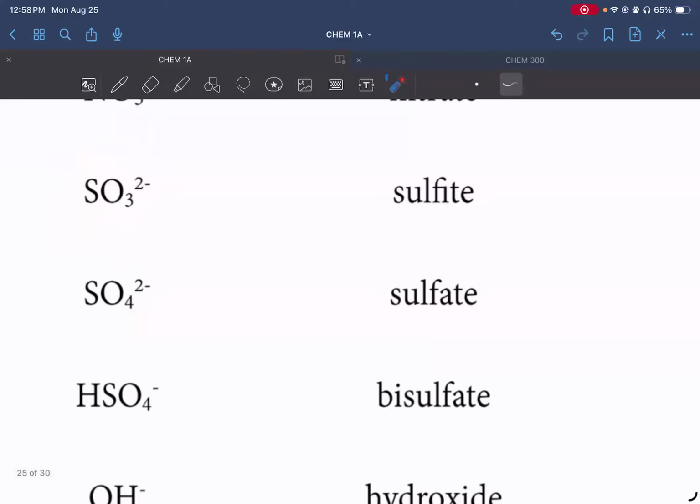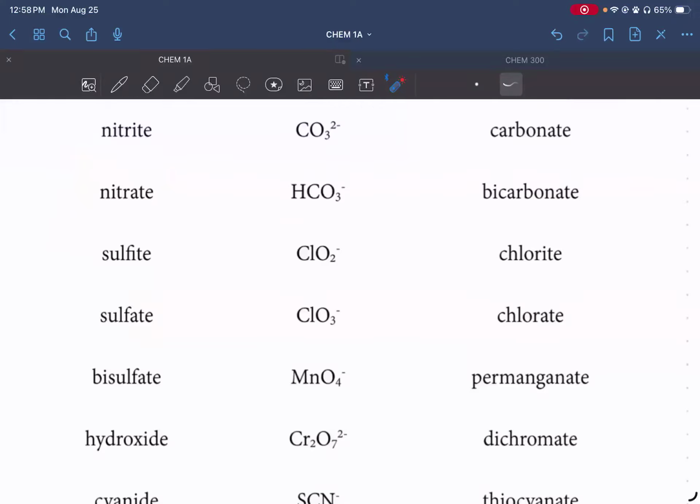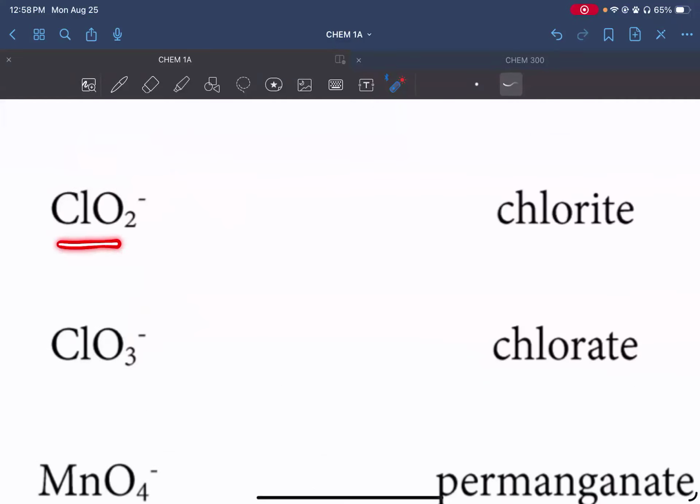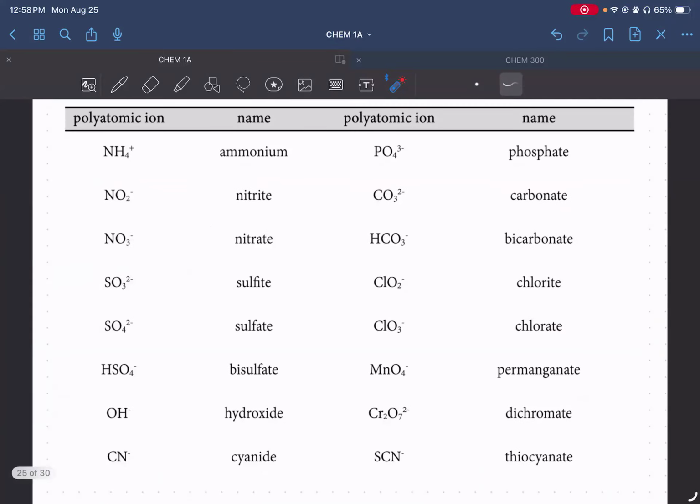The same thing can be said of SO3 and SO4, sulfite and sulfate. This usually presents an issue for people to memorize in the beginning because of that type of specificity. ClO2 is chlorite, ClO3 is chlorate. You are expected to memorize all of these polyatomic ions and their name and their formula.